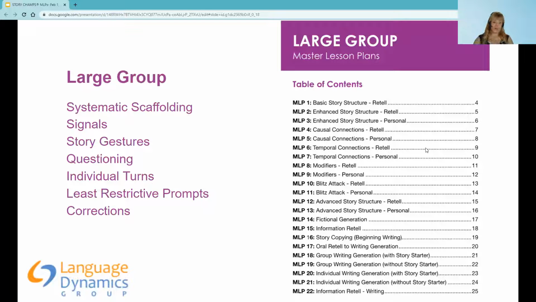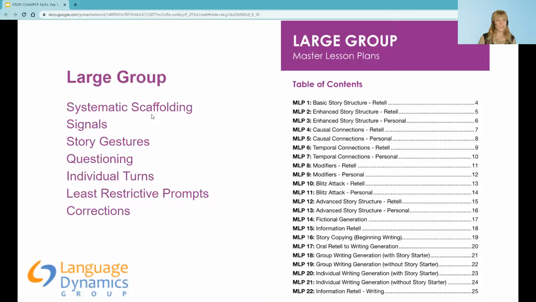When you open it up, there's just one PDF file. And this is what the table of contents looks like for the large group. Large group lesson plans are always in purple. They're going to include these key teaching procedures, right? Systematic scaffolding, no brainer. Signaling, like 1, 2, 3, and then having the class respond together, so choral responding.